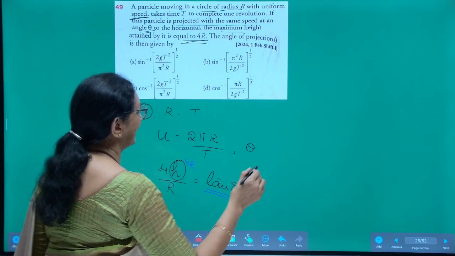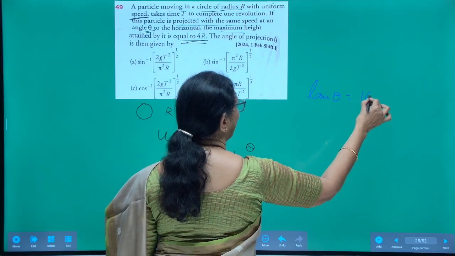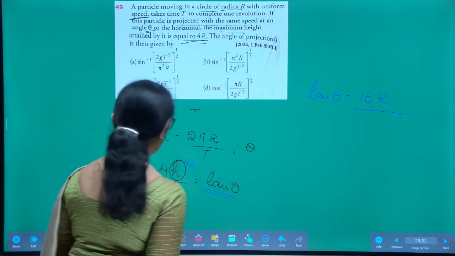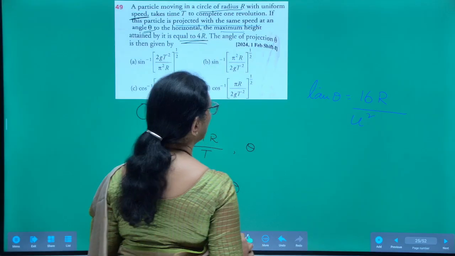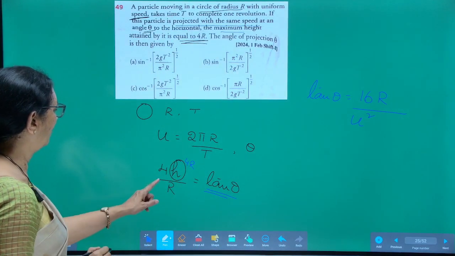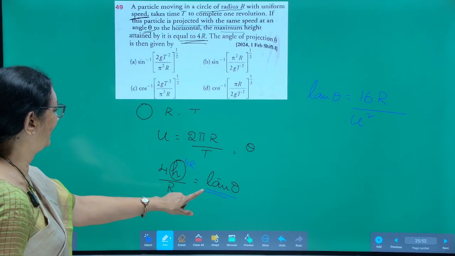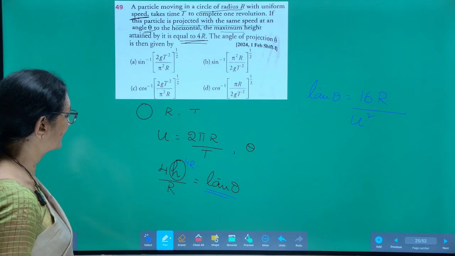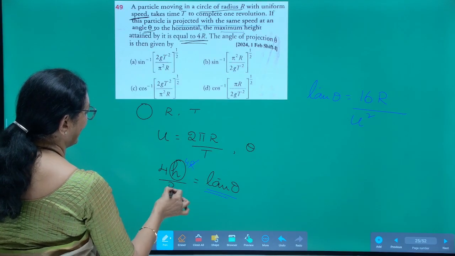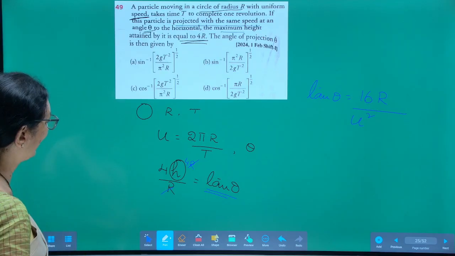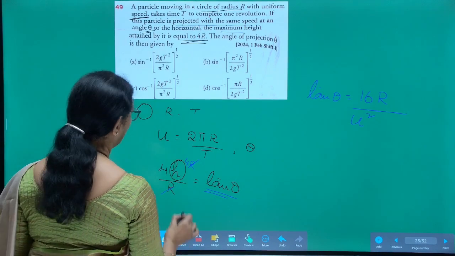Then tan theta is equal to 16r by range. Range is u square. So, what is 4h by r? It is tan theta. So, you are supposed to find tan theta here. So, this r and this r get cancelled. Tan theta is equal to, just wait a second, let us go back to the question.